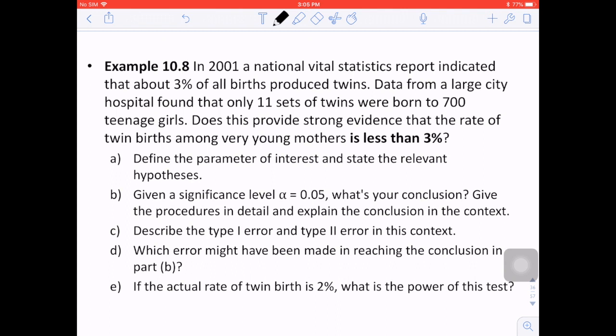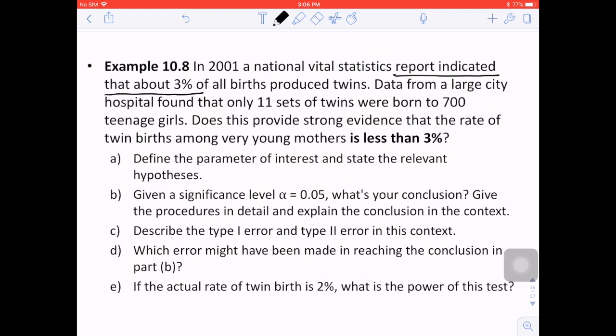In this problem, first of all, we have to decide what kind of information we have. The report indicated that about 3% of all births produced twins. As you can see, it's a problem with respect to the proportion, and the report in 2001 indicated that the proportion should be 3%.